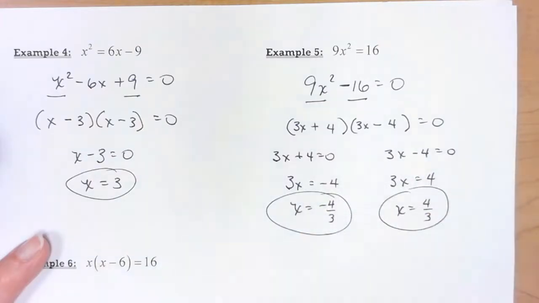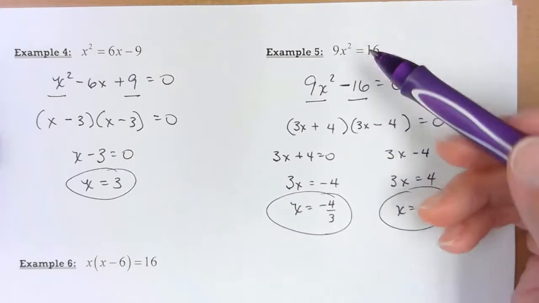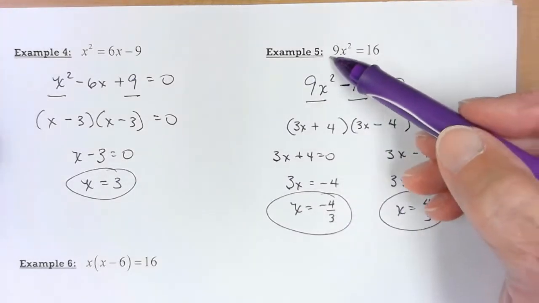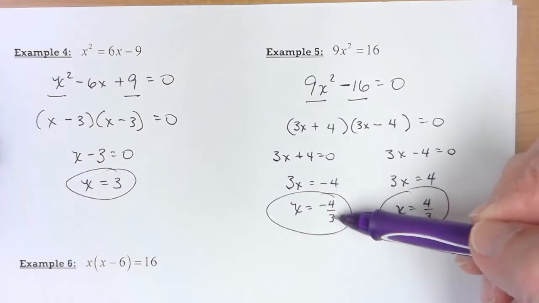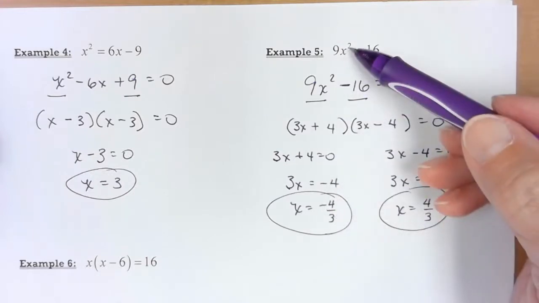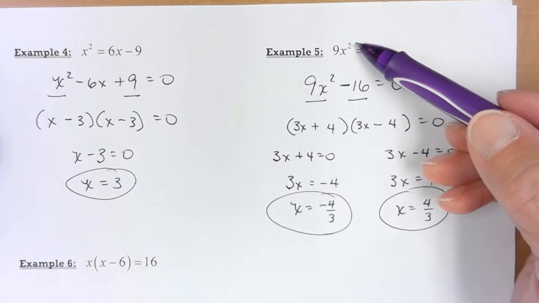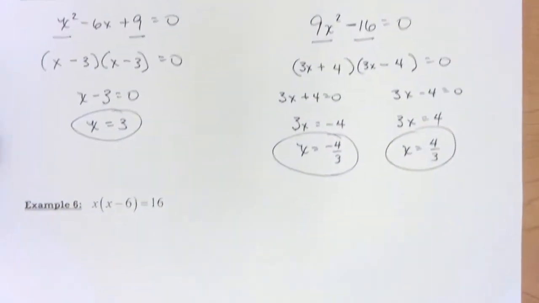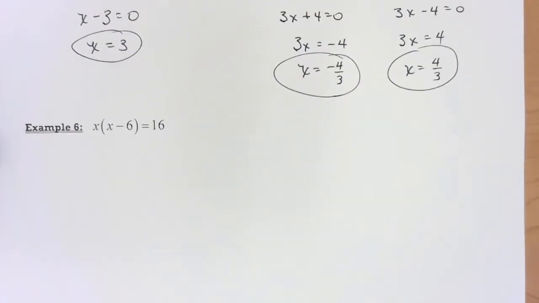So either one of those will make my statement true. Some of you might just, instead of storing that in, go 9 parentheses and put these answers in parentheses and square. That's another way to check, but it does take a little bit longer. So you need to try and store. You really do.